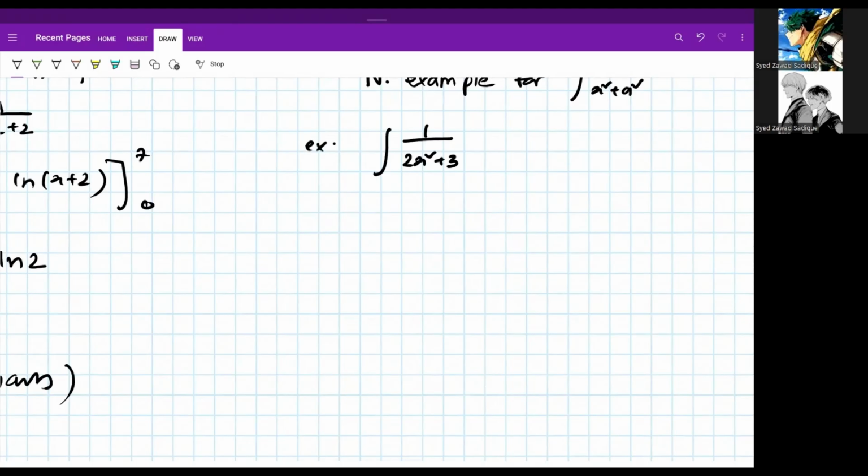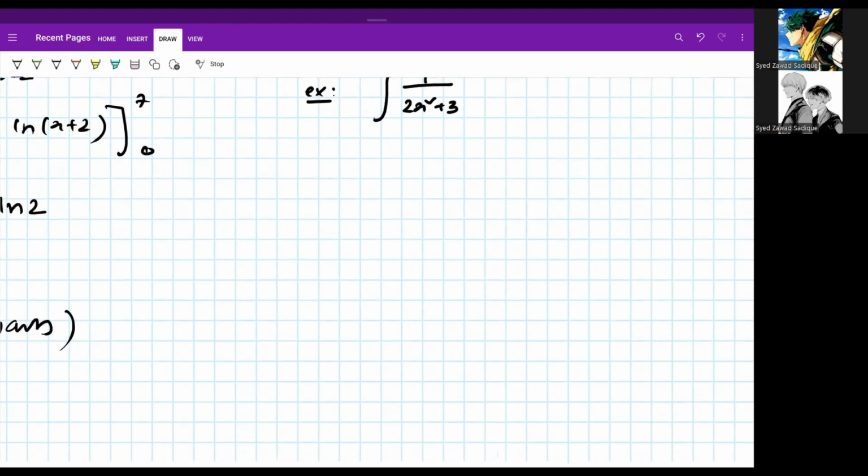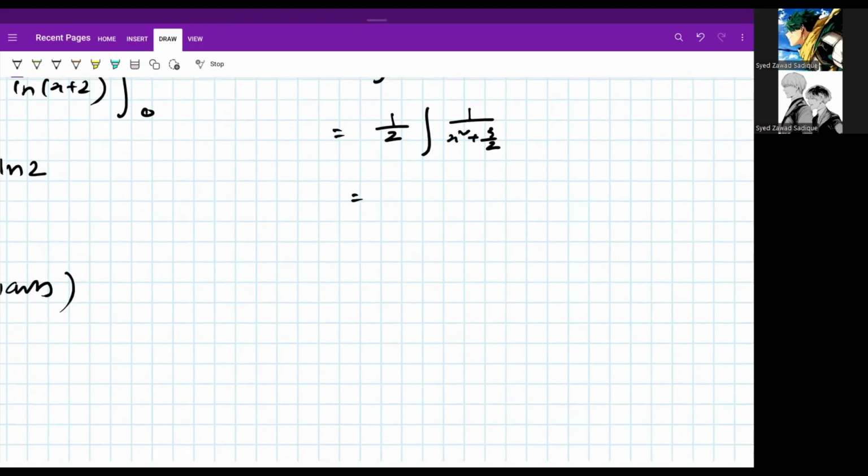Okay, the example. So what do we write? We say 1 by 2, 1 by x square plus 3 by 2. So we brought it in the x square plus root 3 by 2 format. Then we can write it as x whole square plus root of 3 by 2 whole square.